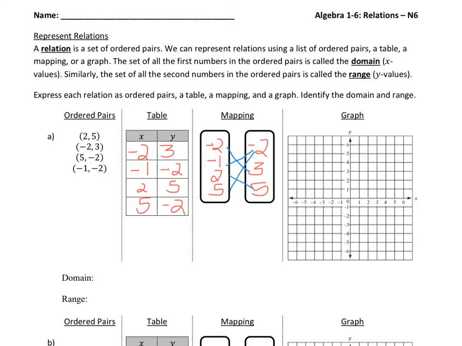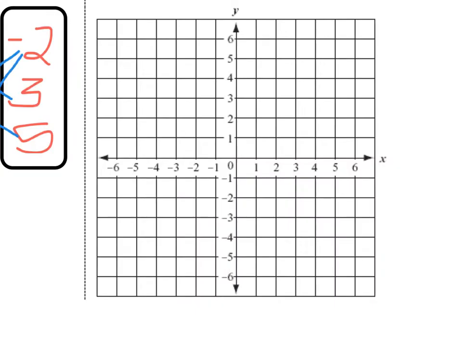Now to graph. We are going to take our ordered pairs and graph them. Our first ordered pair from our table is (-2, 3).